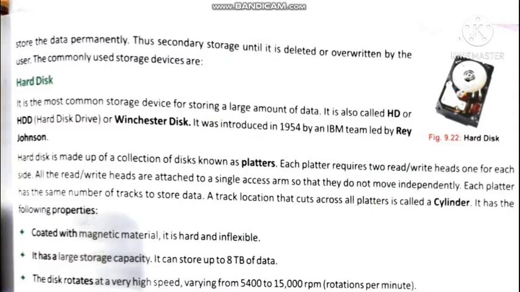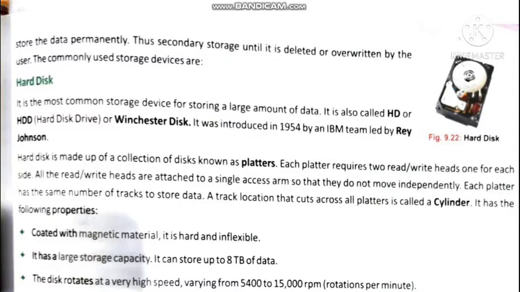Next, some very important properties. First, it is coated with magnetic material. Because of that it is very hard and not flexible. You cannot break it easily. Then it has a large storage capacity. It can store up to 8 terabytes of data. Next, I've already told you that it has read-write heads attached to both sides of the disk. Per disk, it has two read-write heads.